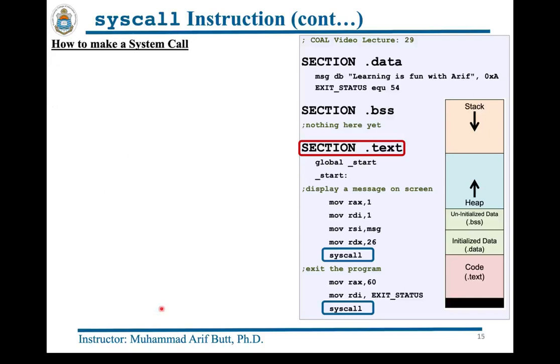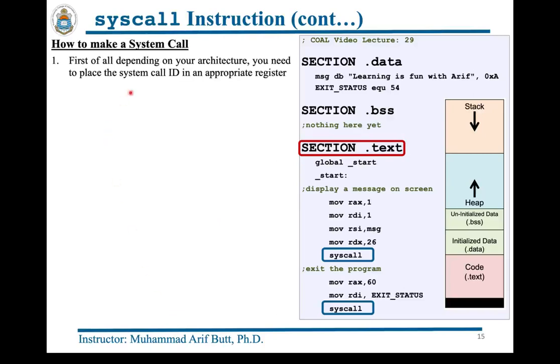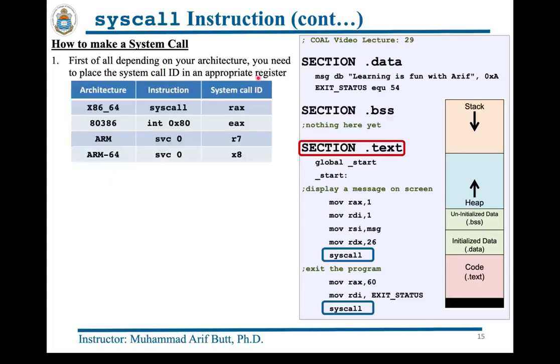Okay, so now the question is how to make a system call. The first step, depending on your hardware architecture, is to place the system call ID in an appropriate register. If you are using x86-64 architecture, the system call ID needs to be placed inside the RAX register.